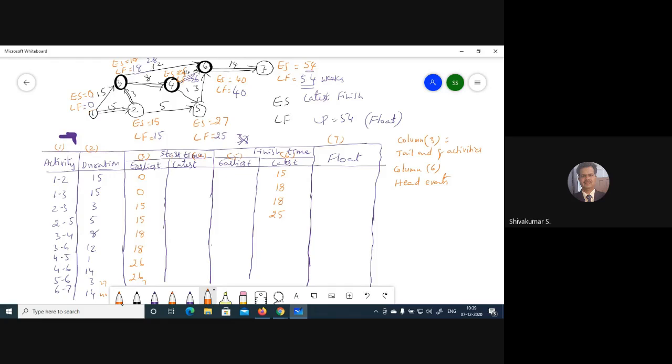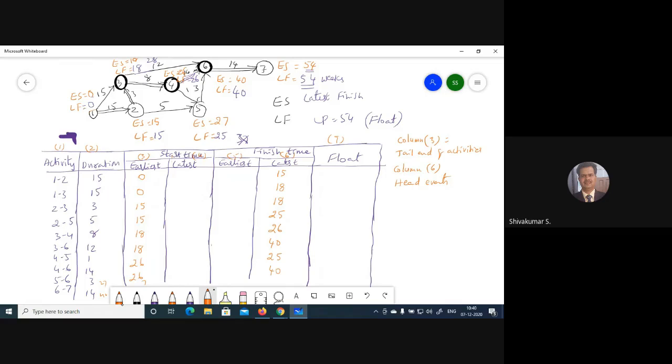3 to 4. This value is 26. 3 to 6. The head value is 40. 4 to 5. The head value is 25. These are all the LF values, the latest finish values. Next, 4 to 6. The LF value is 40.